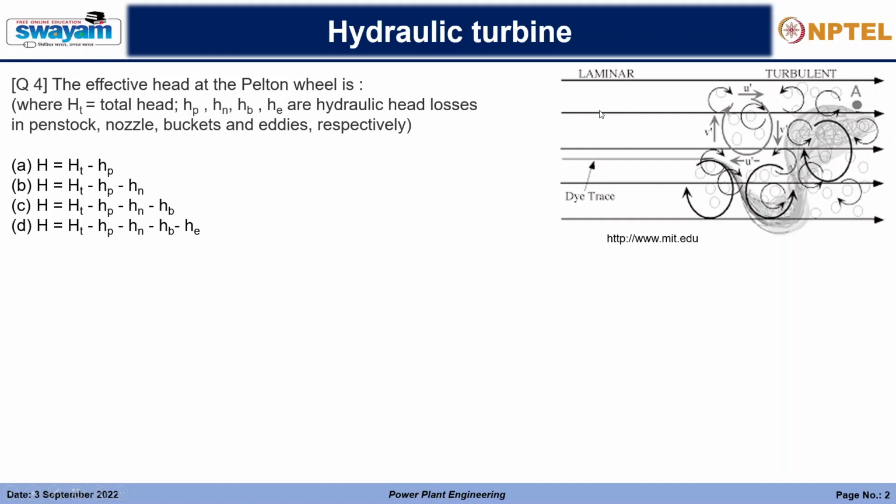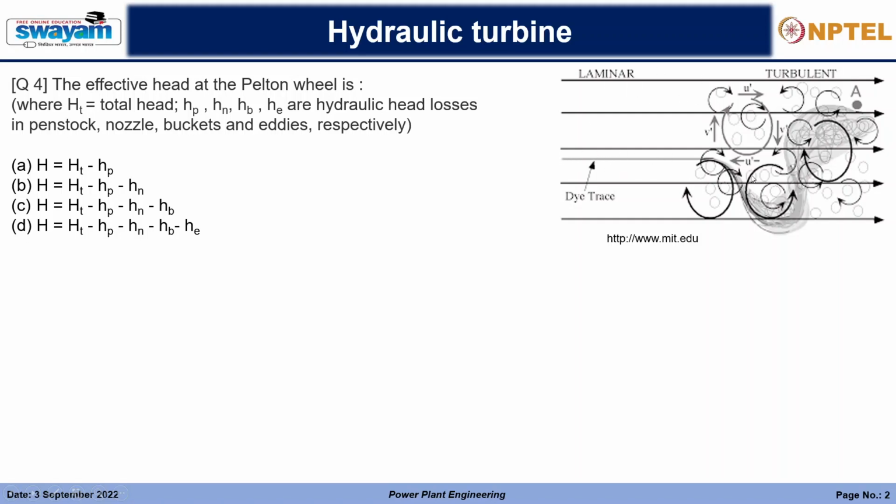When we are looking at a laminar flow, the particles move in the same line, right? Each particle follows the line that was followed by the previous particle. So that is a laminar flow.